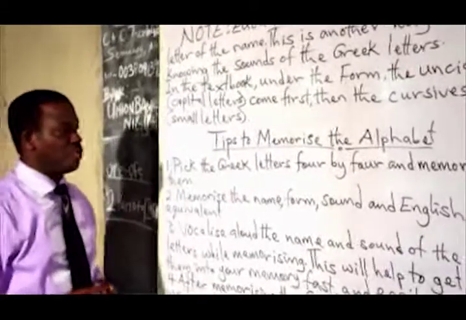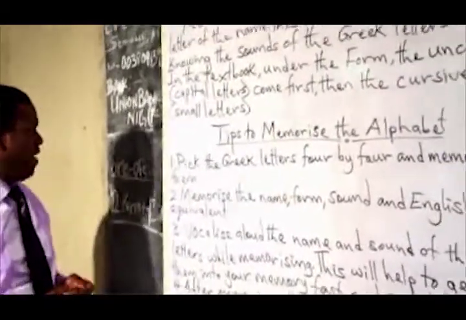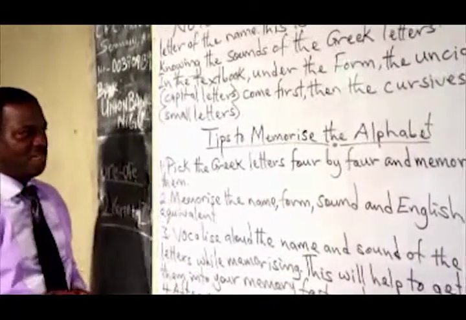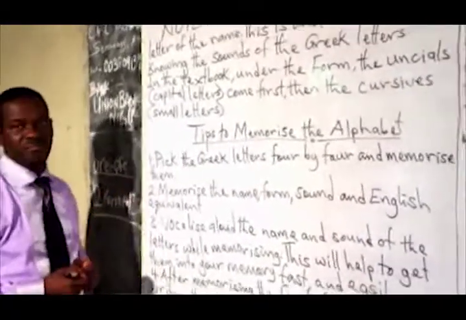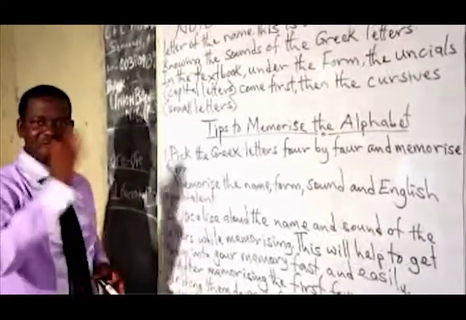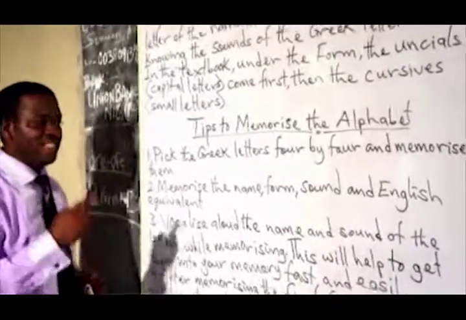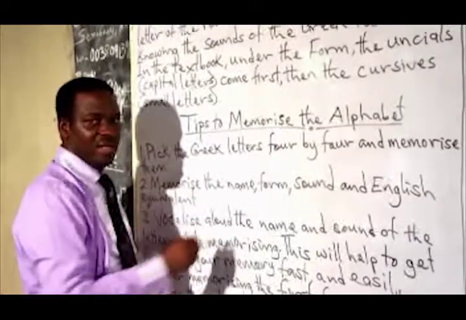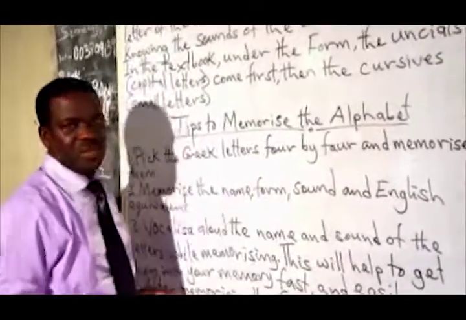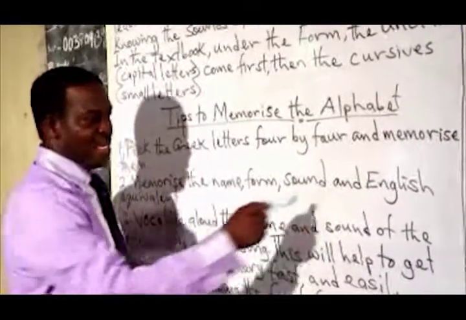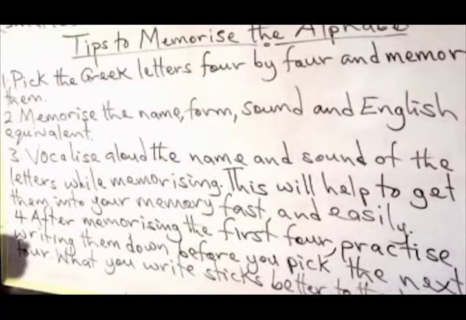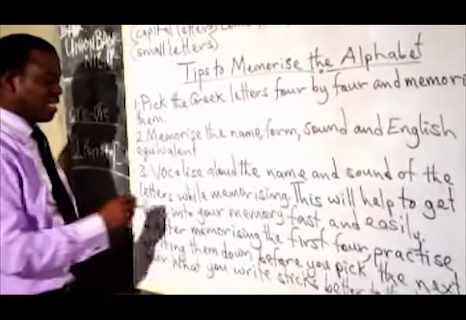Now we come to tips to memorize the Greek alphabet. The first one: pick the Greek letters 4 by 4 and memorize them. Don't memorize all at once. The second: memorize the name, for example alpha, memorize the sound, A, and then memorize the English equivalent, A. Number 3: while memorizing them, vocalize aloud the name and the sound of the Greek letters.